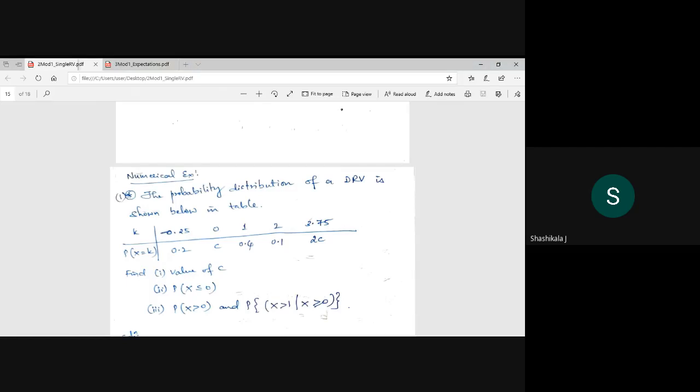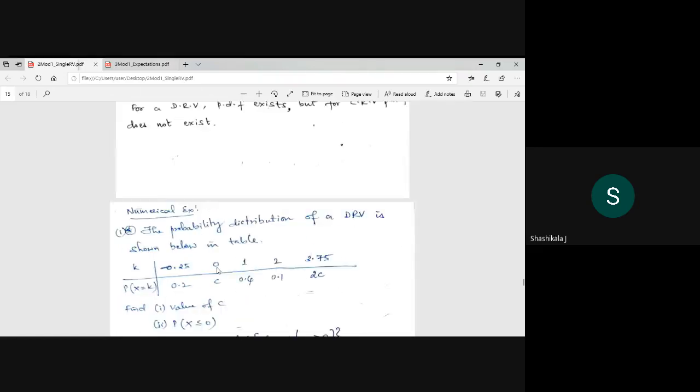Yes, Sanjay Kumar? Prithviraj says c is equal to 0.1. So how did you calculate? You know that the sum of the probabilities is equal to 1.